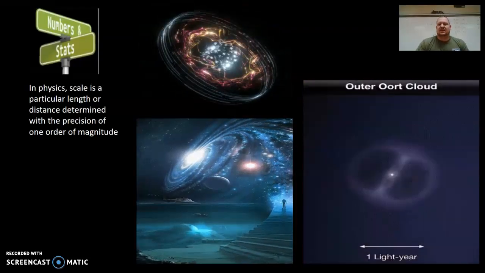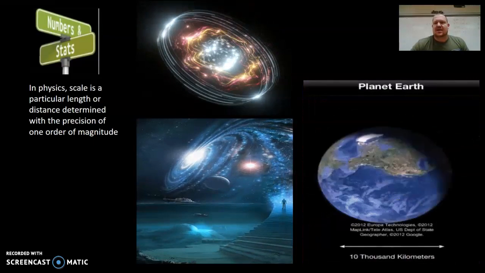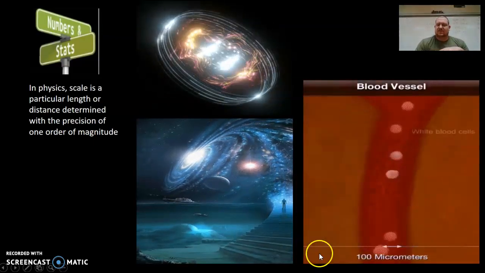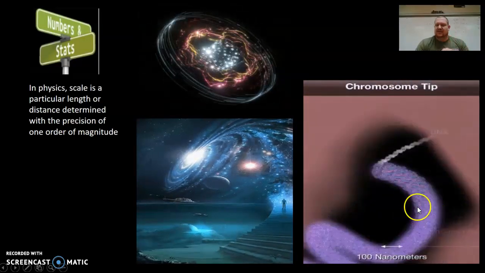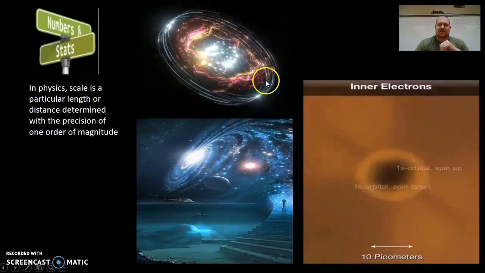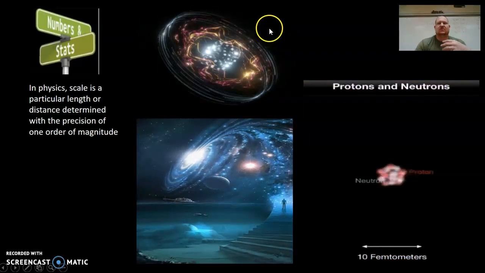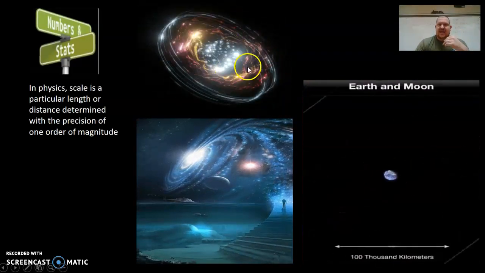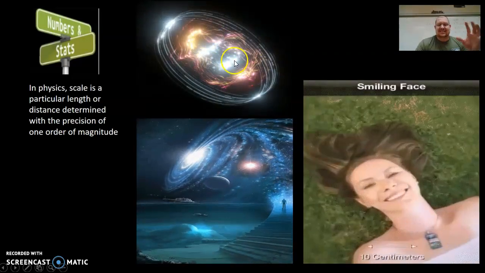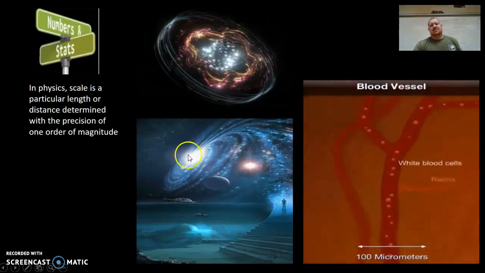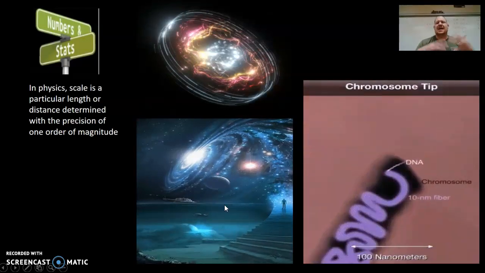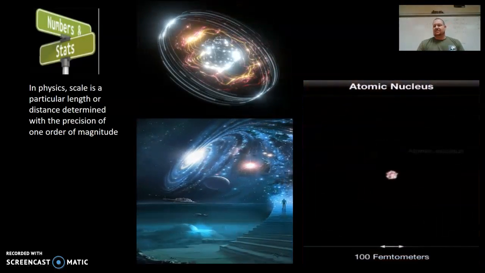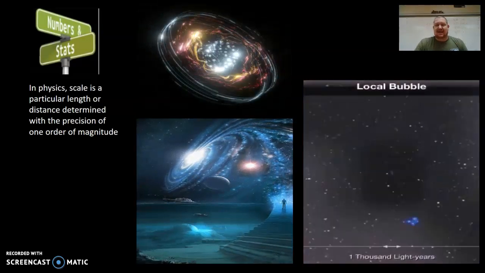Right. So this is kind of a little thing about scale. And scale is something that some of us have trouble with. So this GIF here just kind of takes you from the macro scale down to the micro scale. So we're talking about something from the quantum scale, which is really, really small, down here around the size of atoms and how they work. The laws of physics at this scale are very different than in the massive celestial world where you've got planets and black holes and all that.